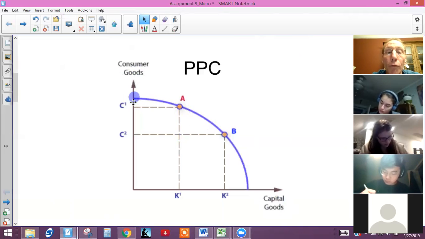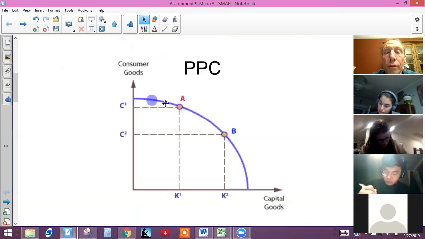And so if we go from the point right here to point A, you see we gain a lot in capital goods and lose very little. So the opportunity cost in consumer goods is relatively small.